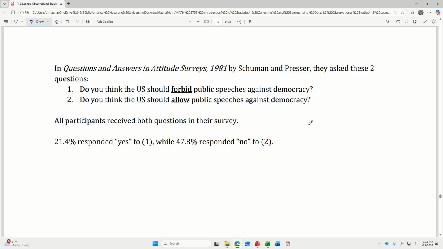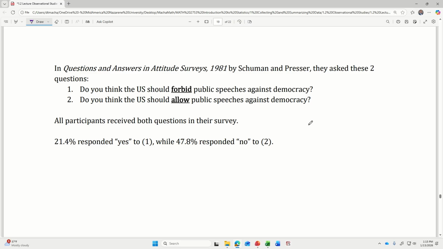And even though all participants received both of these questions in their survey, 21.4% responded yes to the first question, and 47.8% of the exact same participants responded no to question 2.